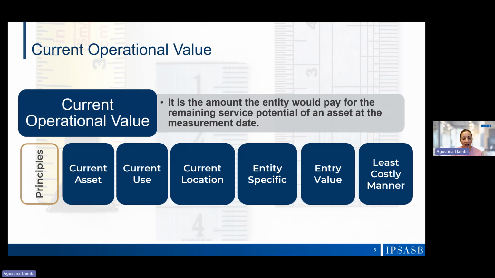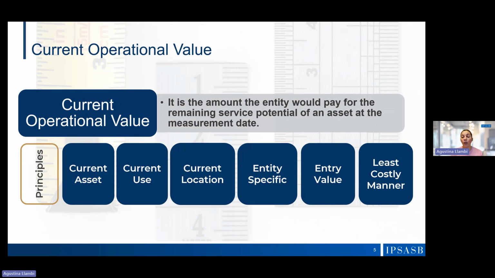If I have an MRI machine, which is a 2020 version, but there's a newer version of that MRI machine today, which is more advanced and has a higher value, current operational value looks to attain the current value of the 2020 version of that MRI machine, not the 2024 version that would be today's version.